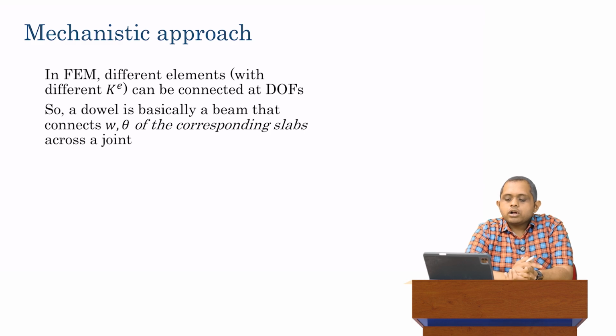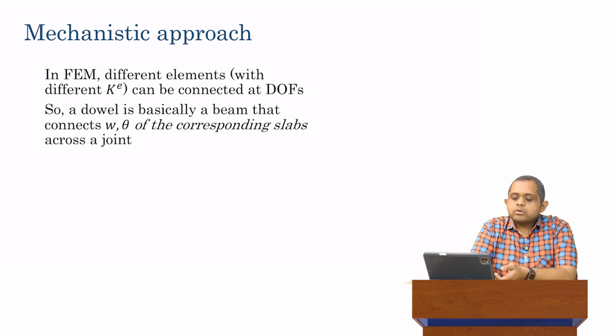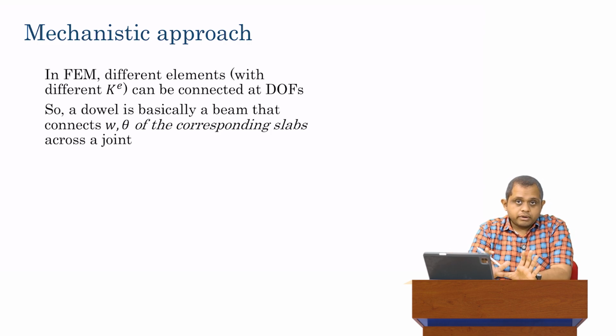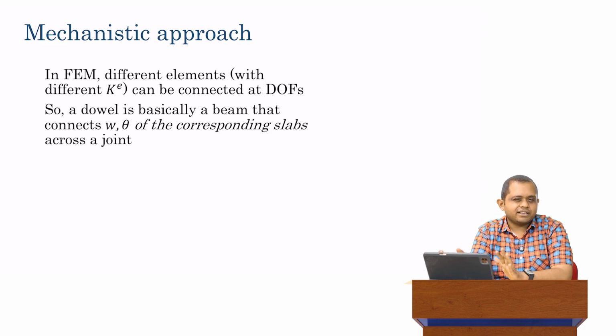Now, recall in the finite element method, what we are basically doing is the stiffness matrix is telling us what is the connection or what is the interaction between the different degrees of freedom. So, if we model a dowel bar as a beam, again it's an assumption which we are making, it's not necessarily correct, and we will see at the end of the next lecture how all of this is validated experimentally.